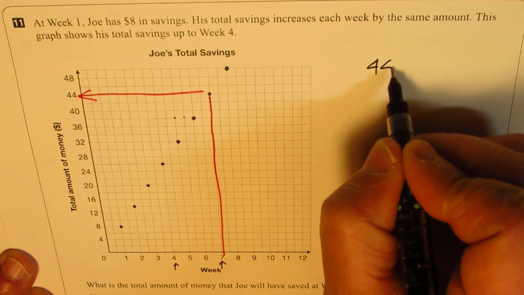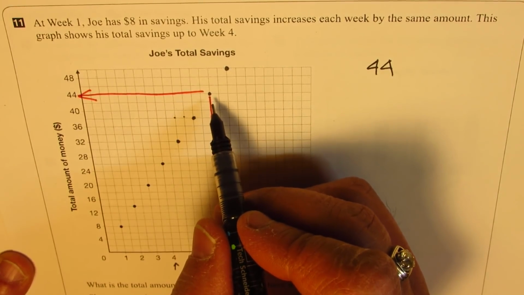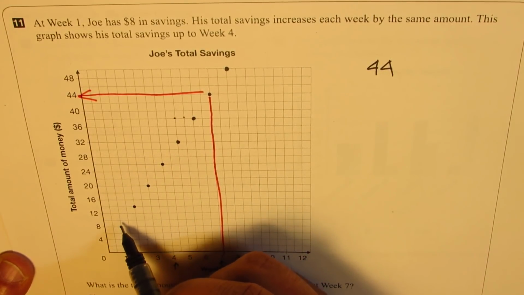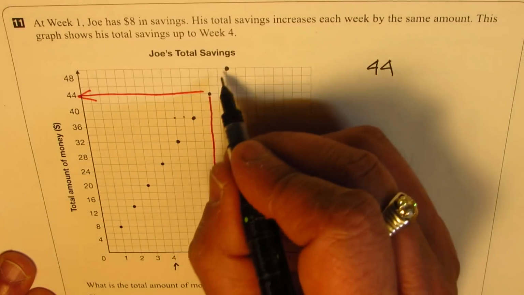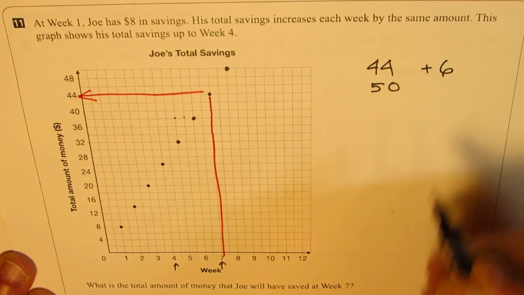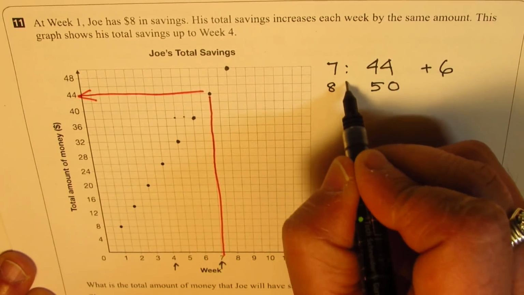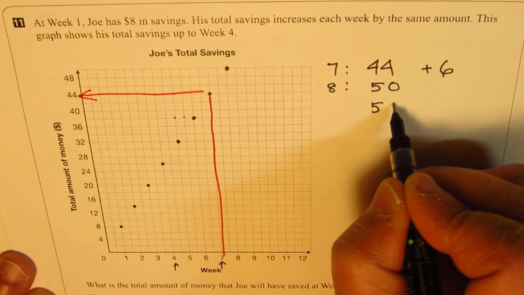Every time, how much is it increasing by? Starting from 8, the next figure was each division's 2 units, 2, 4, 6, 6 up, right? So 44, and then we had 50. We have to add 6 each time. 44 was for the 7th week. For the 8th week, it will be 50. Then again 6 will be 56.